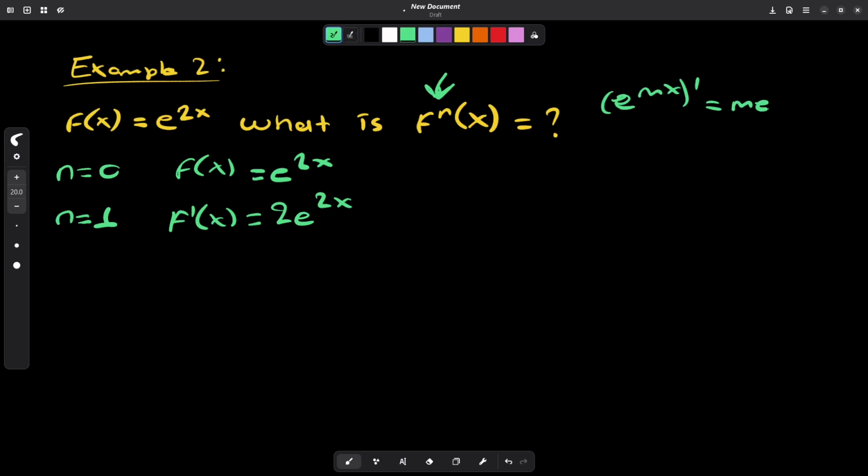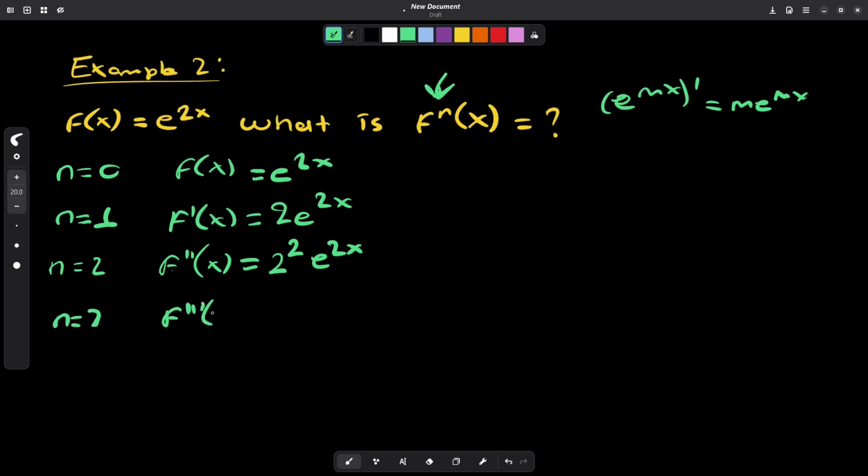Let's write our formula. For n is equal to 2, second derivative, I get, instead of 4, let me write 2 to the power of 2, 2 squared.